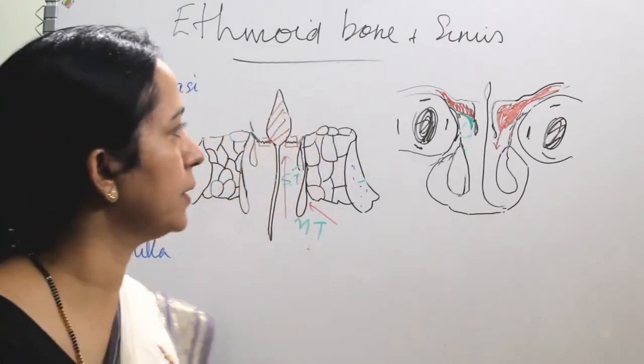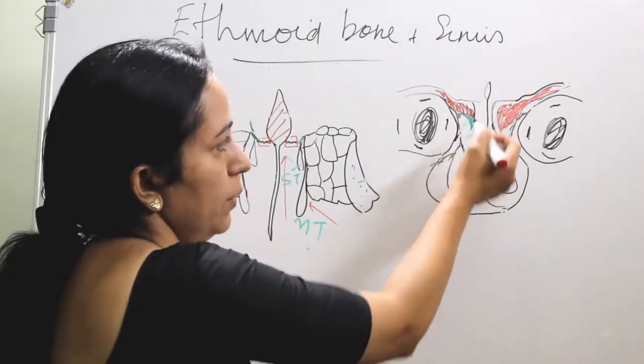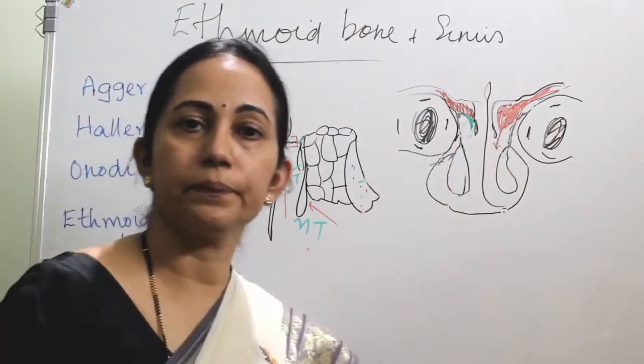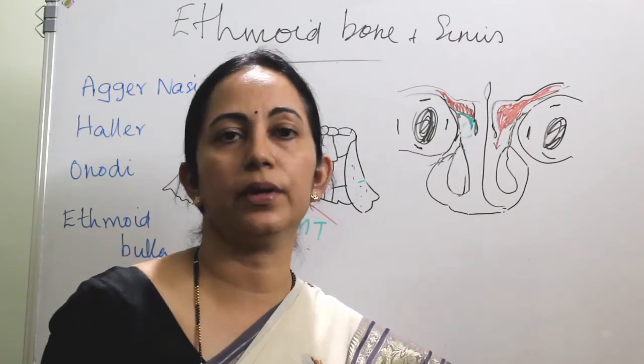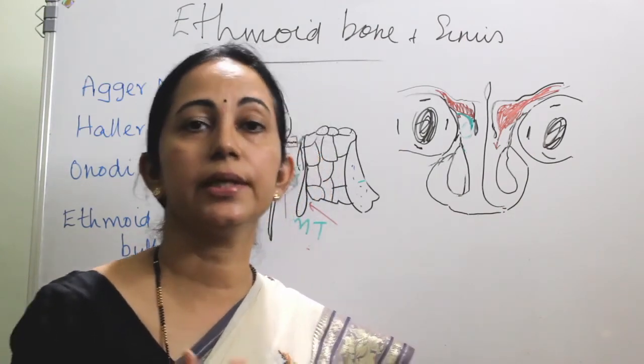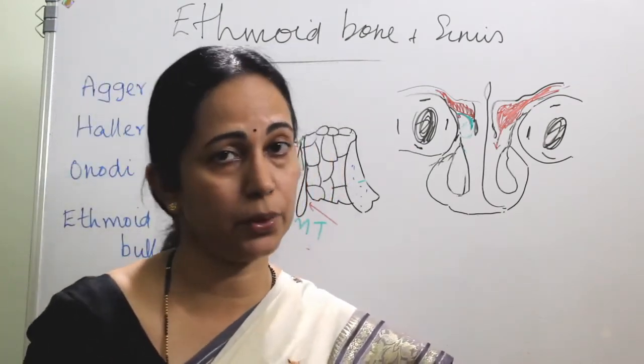So what will happen? There is blockage, and the drainage cannot flow without obstruction. So there is blockage of the flow of frontal sinus drainage, leading to a frontal sinusitis or a mucocele or later a pyocele.